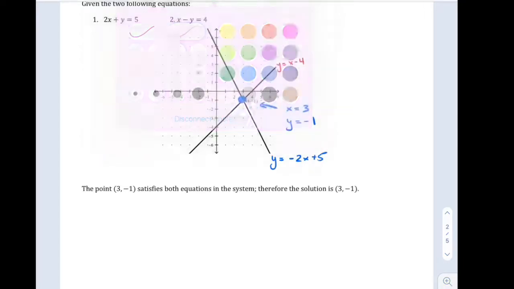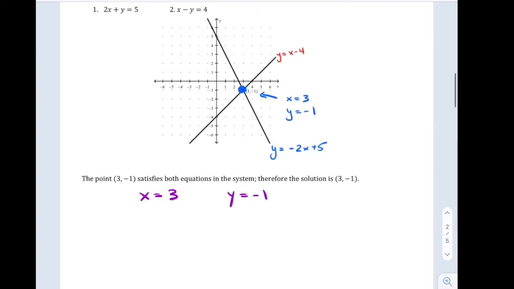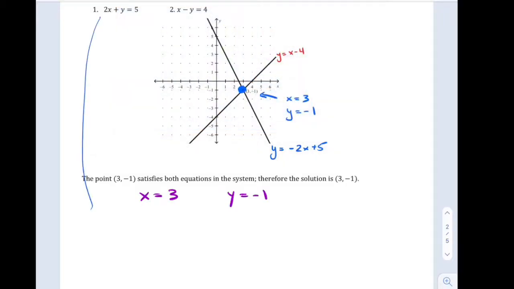So I'm just going to show you. I'm going to be substituting in x is equal to 3 and y is equal to -1. So I'll take the first equation here. Go back, take the first one here. And I want to test this. 2x plus y is equal to 5.